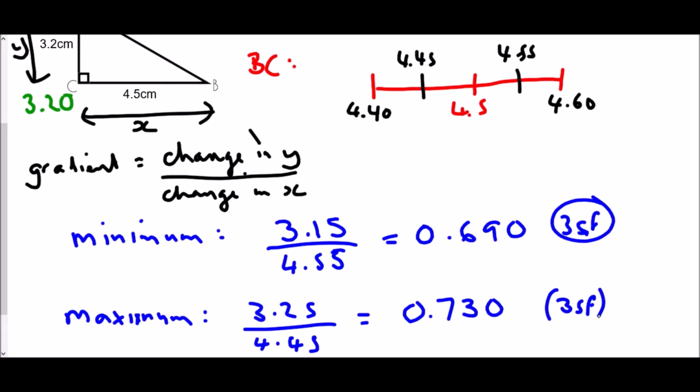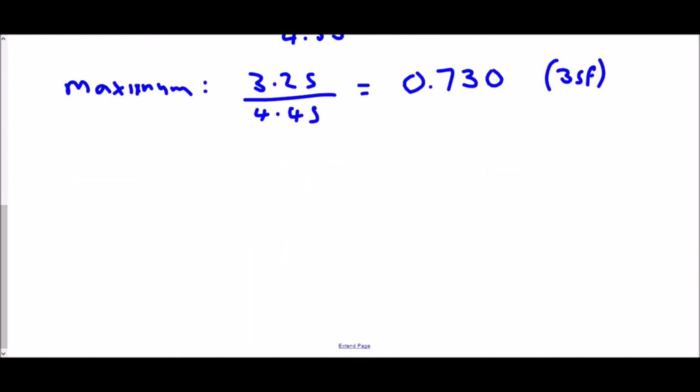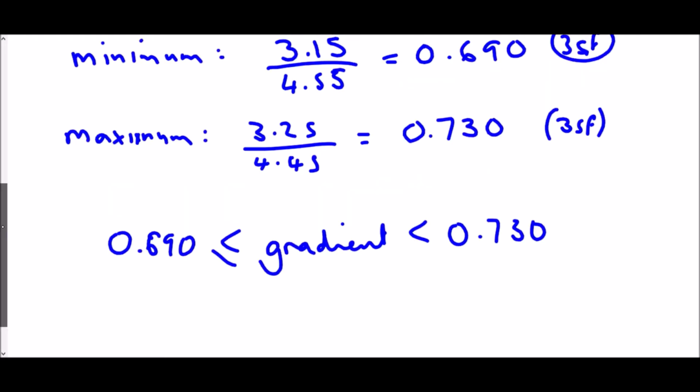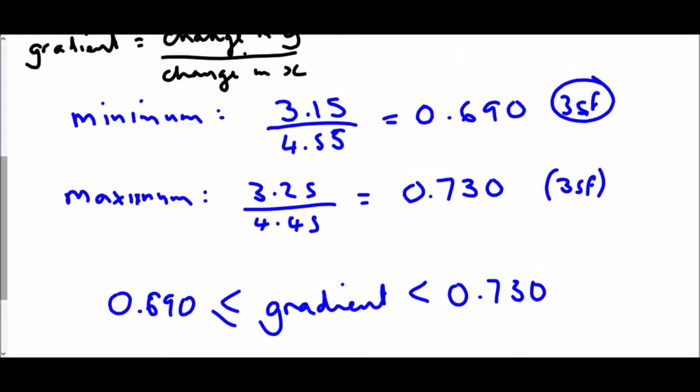And so, if I were to write this as a set of bounds, the gradient is at most 0.730 and at least 0.690. Now I'm actually just going to make a small change here. I'm just going to say that the gradient lies between 0.69 and 0.73.